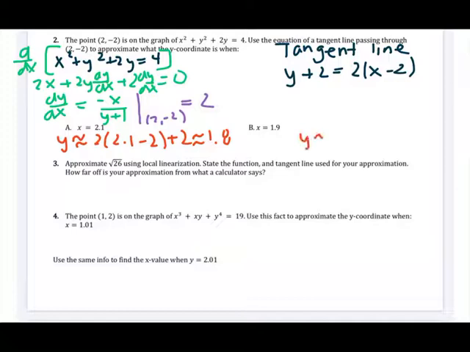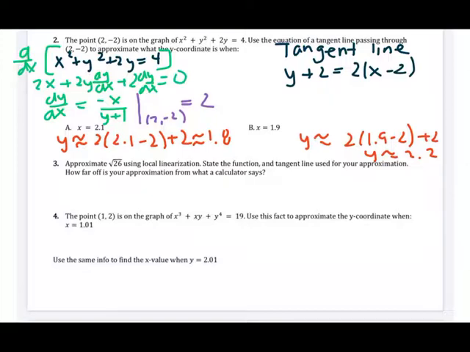And over here, y is approximately 2 times 1.9 minus 2, plus 2, so y is approximately 2.2. So these are our 2 values for approximating x equals 2.1 and x equals 1.9. Let's go ahead and look at our last 2 examples.